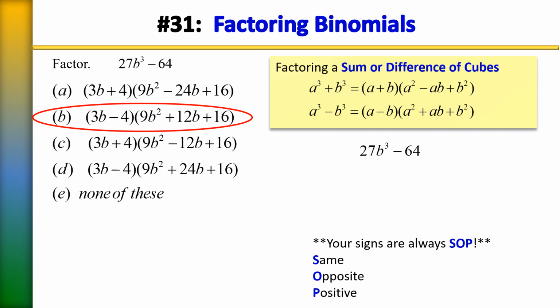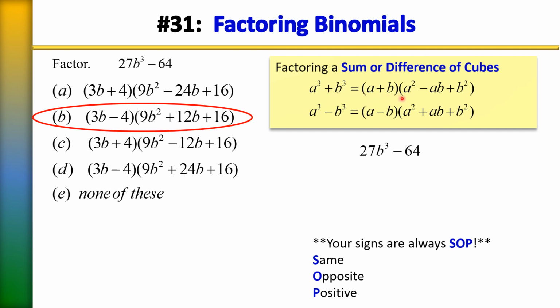And I told you also that the signs are SOP, which means same, opposite, positive. So let's take a look at that. If you're given a sum of cubes and you notice that you have a plus sign between them, when you factor that, your first sign would be the same as that, a positive.